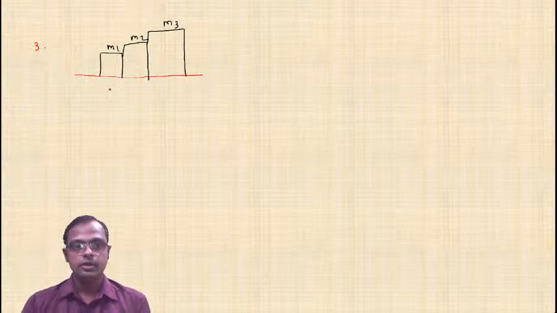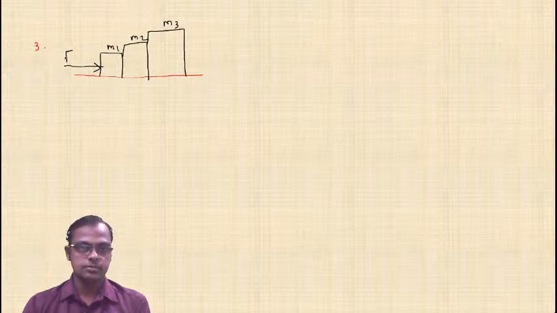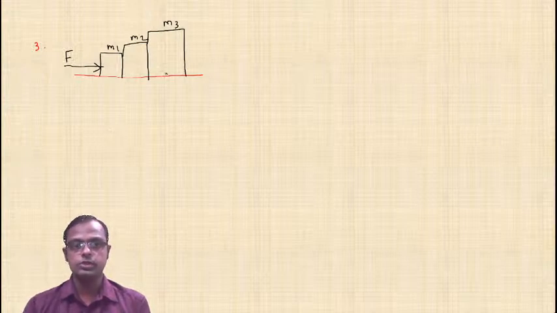Now just think, a force is applying on M1. The force is much larger, so all three masses will accelerate towards the right side. So once again we are going to discuss the common acceleration.